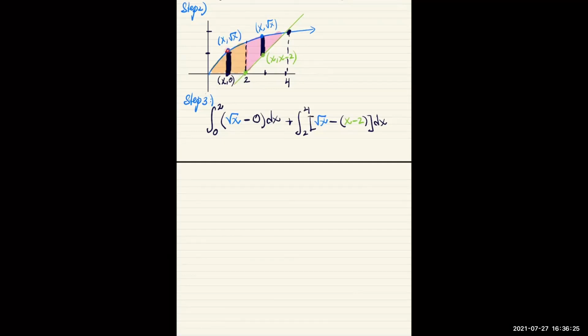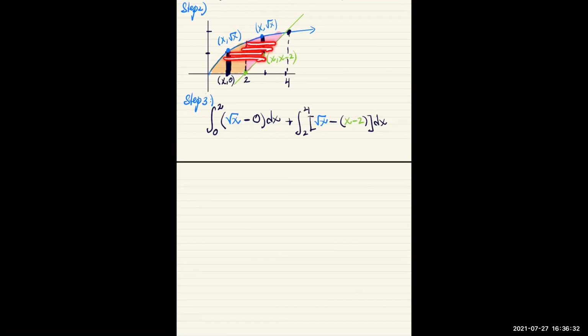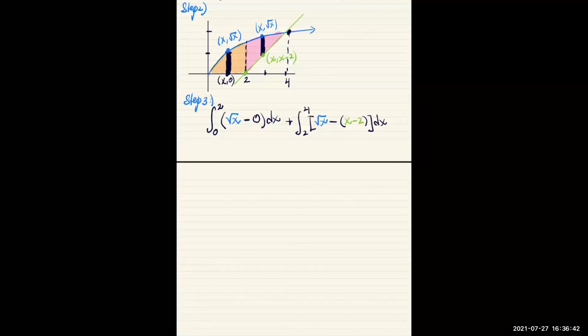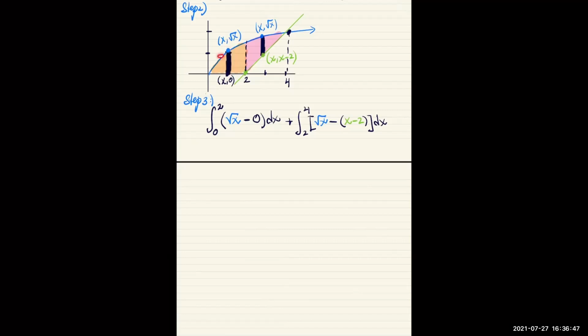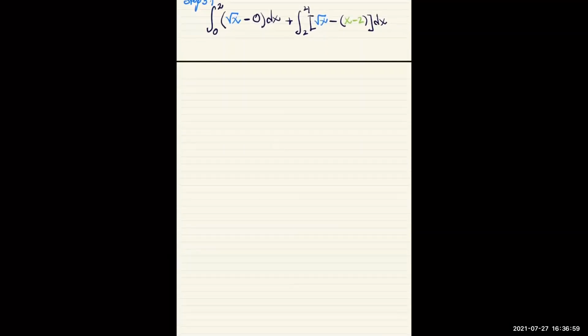Take scissors and cut like this. We can take our rectangular strips, horizontal or vertical. I've taken vertical so far. I can take them horizontal. And that gives us a different kind of integration. It's integration with respect to y. So let me discuss that a little bit.